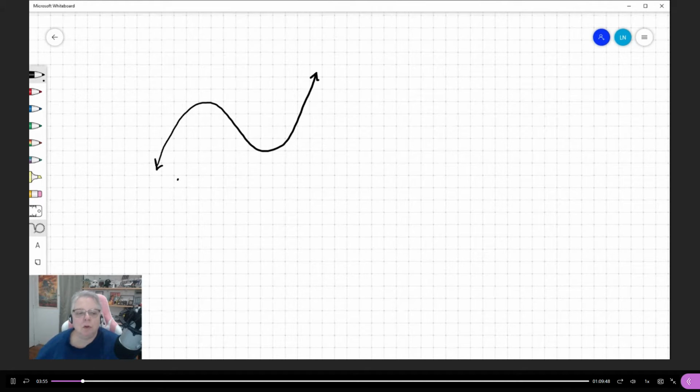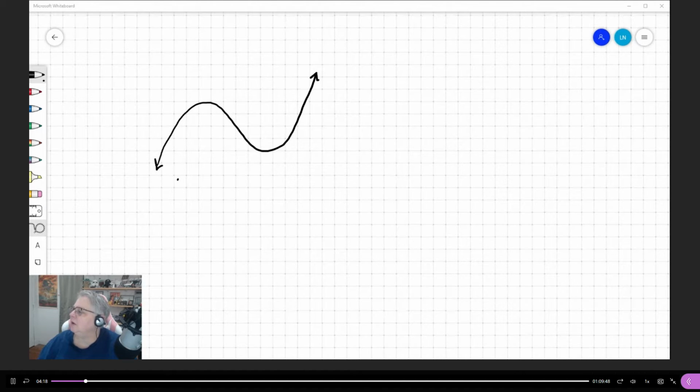So where I want to start here is with the official definitions of where a function is increasing and decreasing and how you determine that.